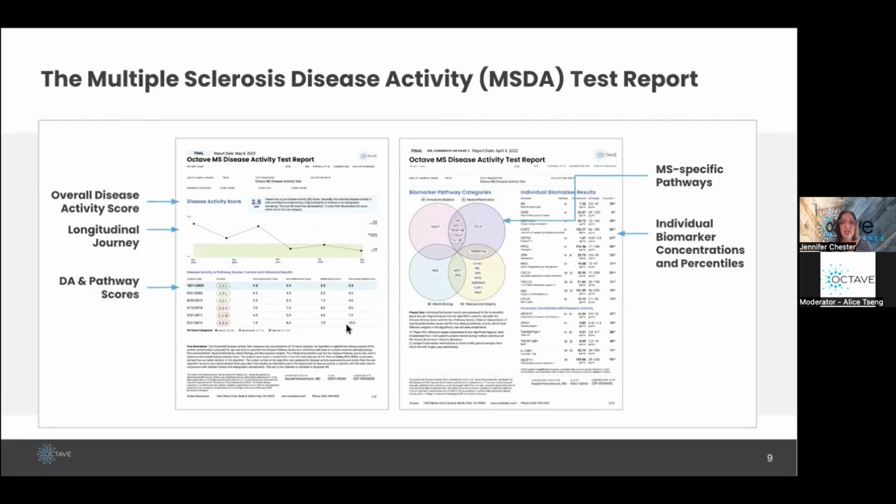Myelin biology changes, that's when things are starting to happen and the myelin's not happy. And then here, the neuroaxonal integrity is where damage is being done. So it's going to show what has already been happening throughout this process. Your report will also list all your individual biomarkers, and that's something your clinician will look at. But what's most important for you is this overall disease activity score.